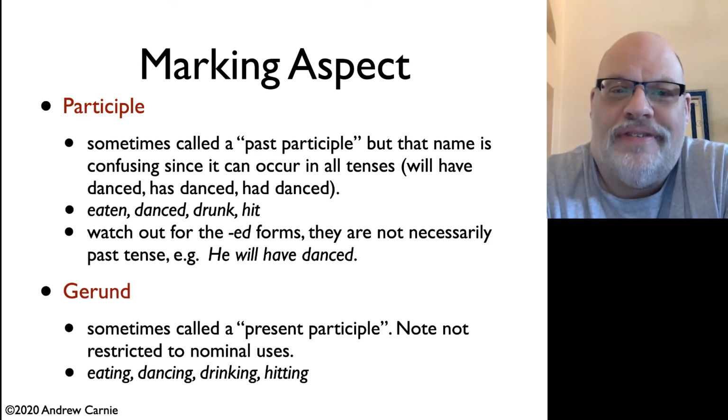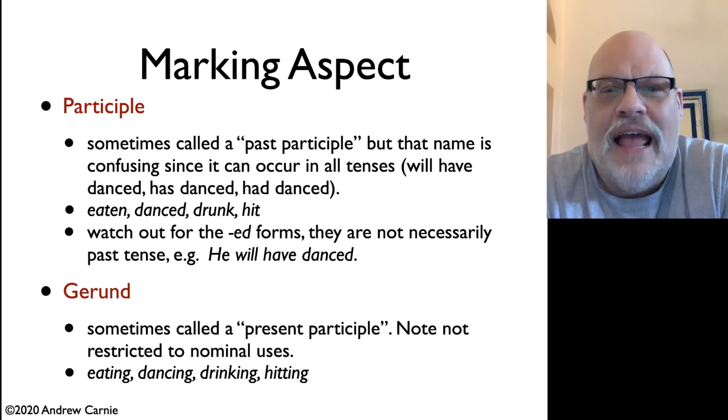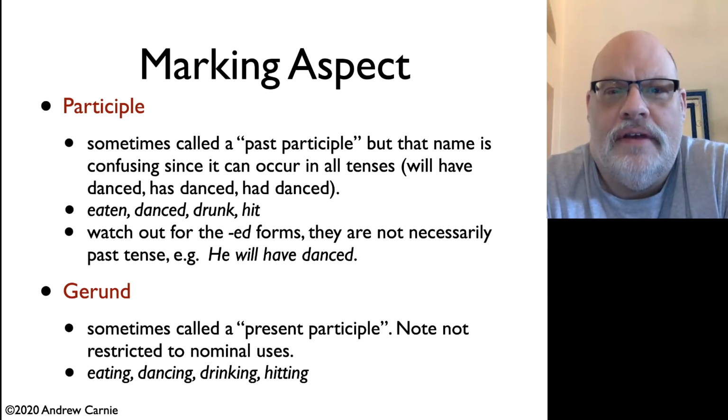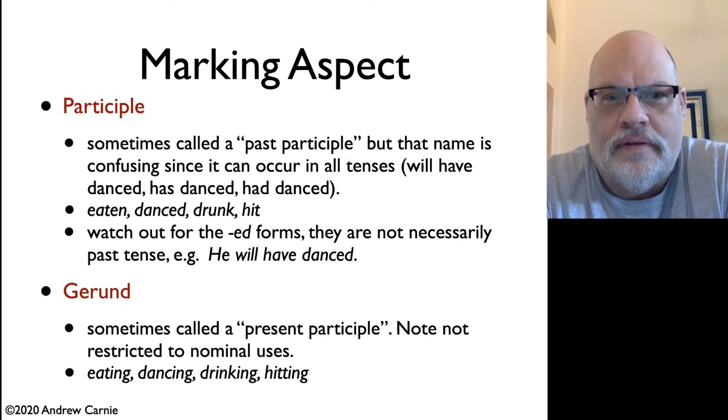But I want to extend that usage of the word gerund to include present participles, these things that were traditionally called present participles. Why is this okay? It's because in every single instance, the gerund form is identical to the present participle form. So there's no harm in calling these gerunds. They are morphologically identical to nominal gerunds.